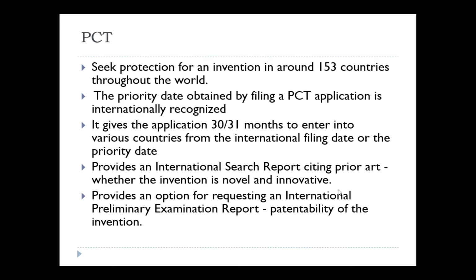He filed in almost 65 countries, wherever the cricket game is being played. Based on that, he got complete protection over all 153 countries if he requires, but he got it only in the 65 countries. So this is the way we can speed up our examination, and he can start earning in the shortest duration.